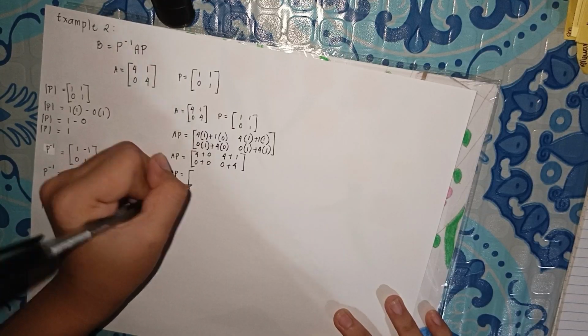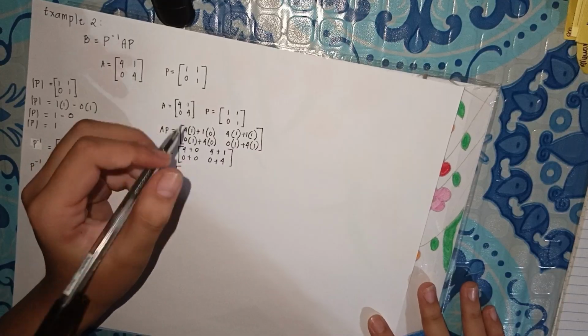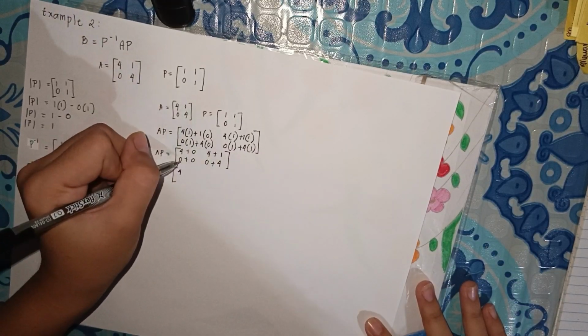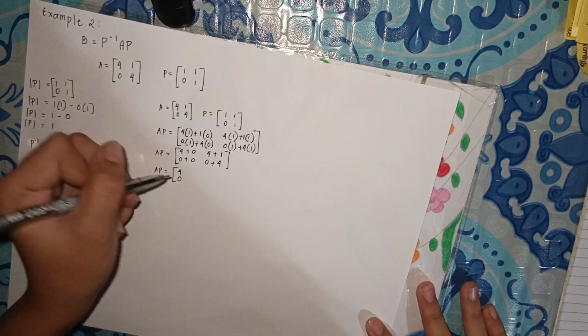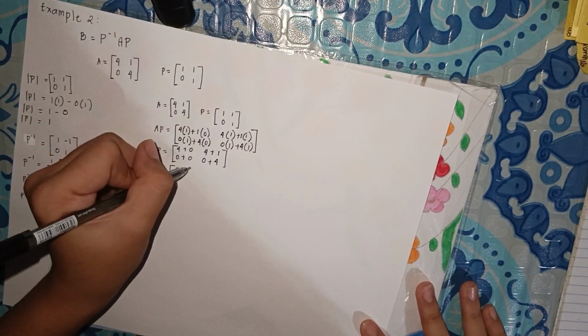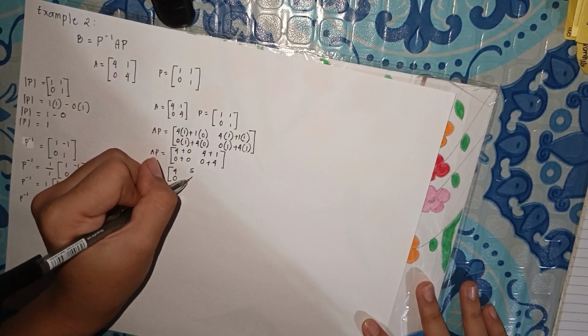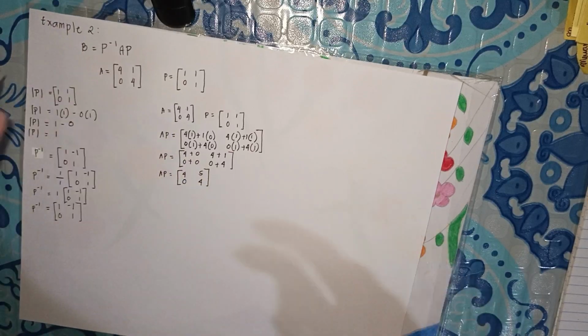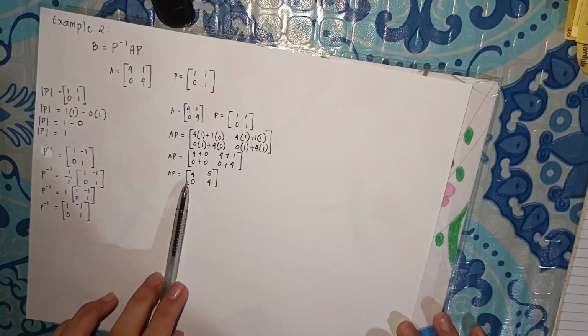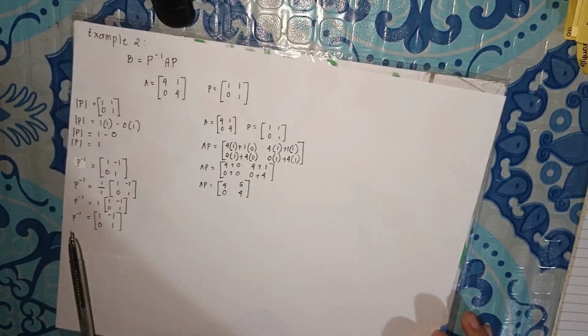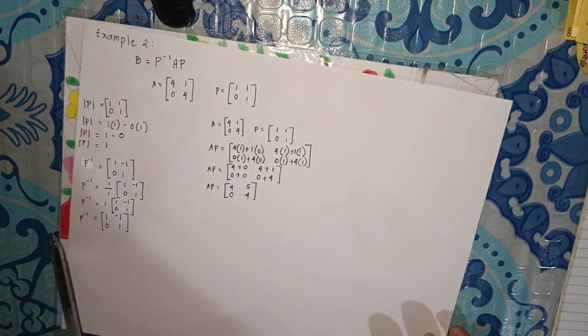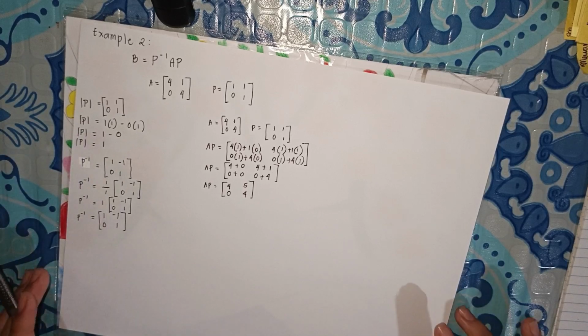Now, let's add. 4 plus 0, 4. Then 0 plus 0, 0. 4 plus 1 is 5. Then 0 plus 4 is 4. Now, we have the matrix AP and the inverse P matrix.